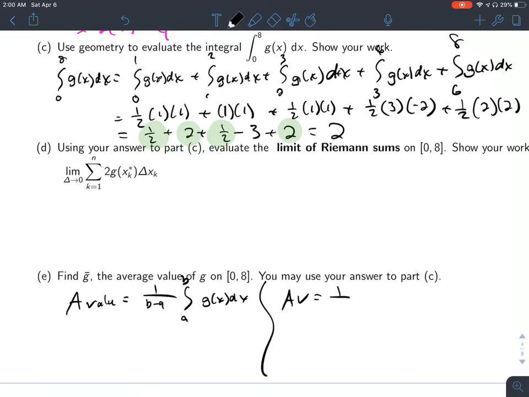But what you should write down is 1/8, because 8 minus 0 is 8, integrating from 0 to 8 of g of x dx. Part C, we found that integral to be 2. So the average value is 1/4. What does that average value mean?